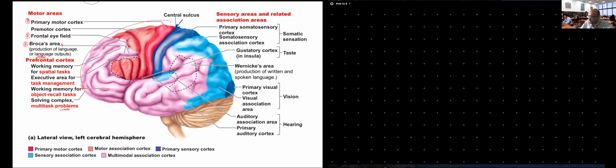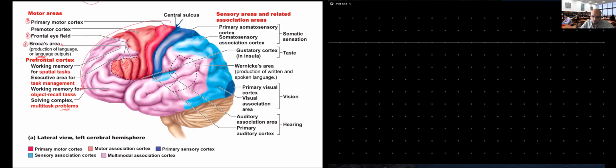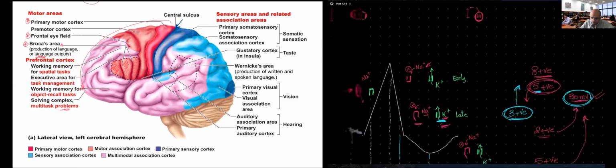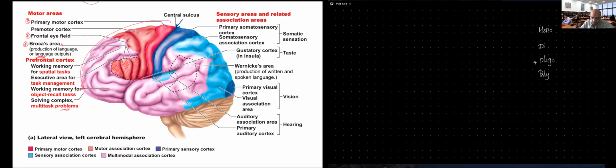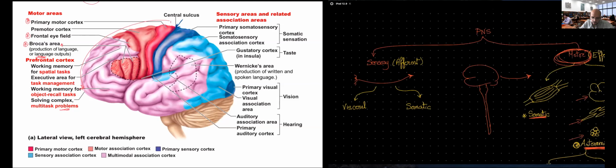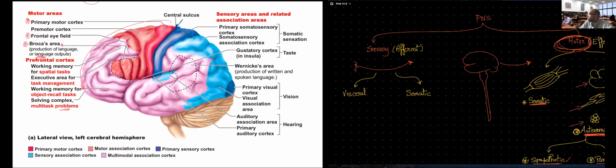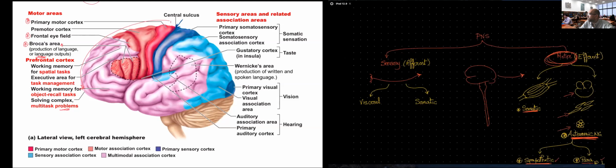You remember last class, we divided the nervous system into either sensory or motor. Remember from last class? Sensory or motor.